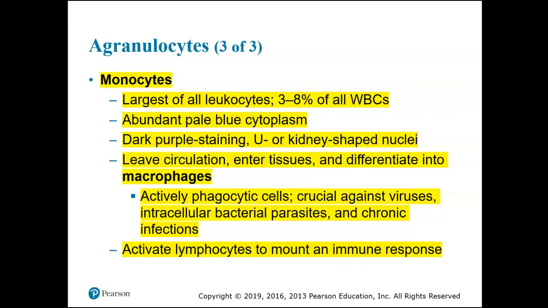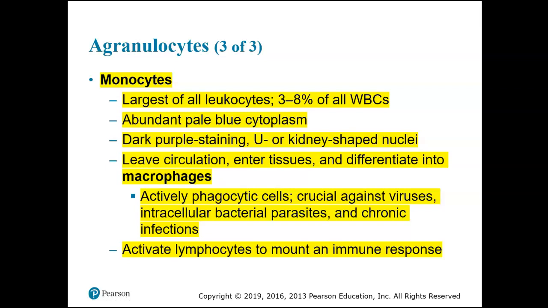The monocytes are the largest. They have a U-shaped or kidney-shaped nucleus. They leave the circulation, enter the tissues, and become macrophages. So they are active phagocytes.